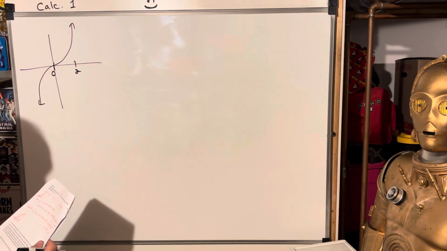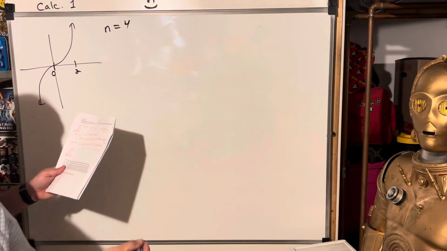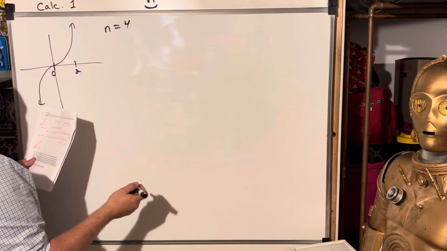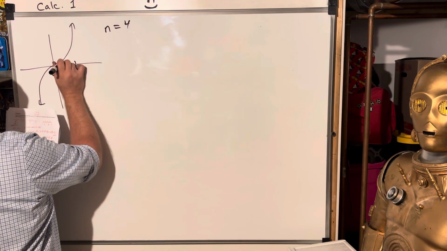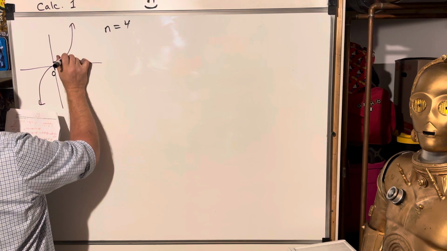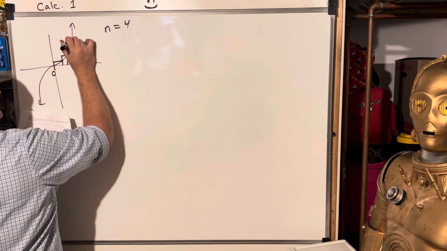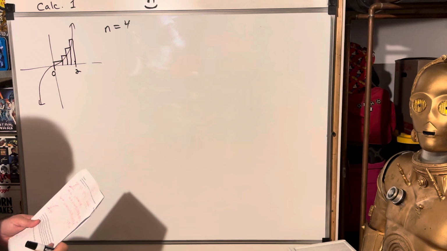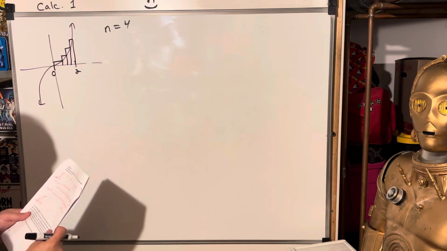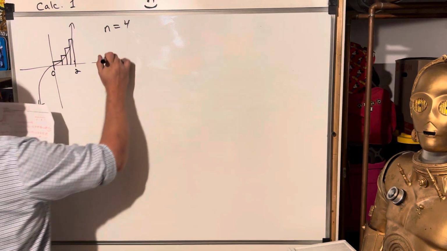All right, and n equals 4. Okay, so if we do what we just did last time, that would be overestimates 1, 2, 3. All right, so that would be the right endpoint, is what I just drew here.